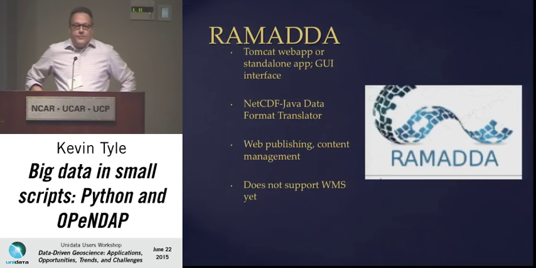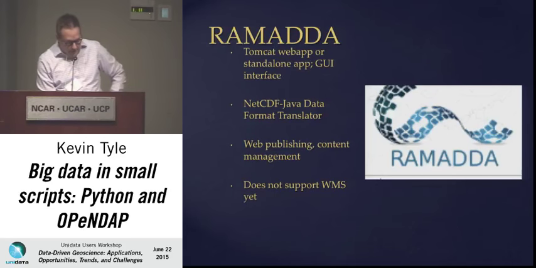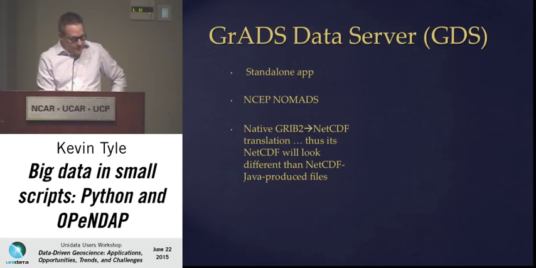It doesn't have WMS, but it allows publishing of data using some client tools such as Unidata's Integrated Data Viewer, and it also uses the netCDF-Java library and therefore avails itself of the CF conventions.